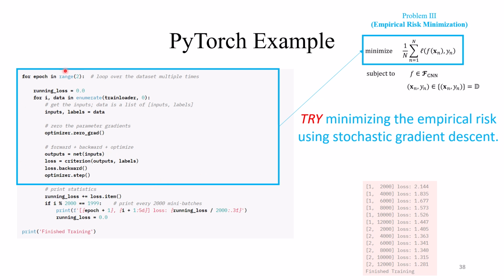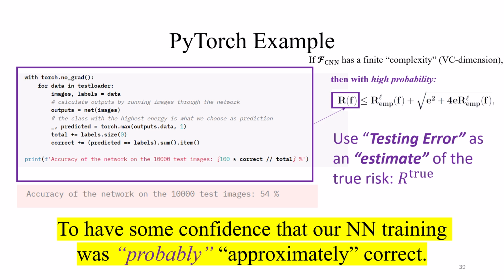Now, when we go into the for loop of the data loader for training, we are essentially doing empirical risk minimization. We're minimizing this, essentially. And the algorithm we typically use is a gradient-based approach, such as stochastic gradient descent. And when we evaluate the test error, we are essentially having a rough idea of whether or not the PAC framework is valid.